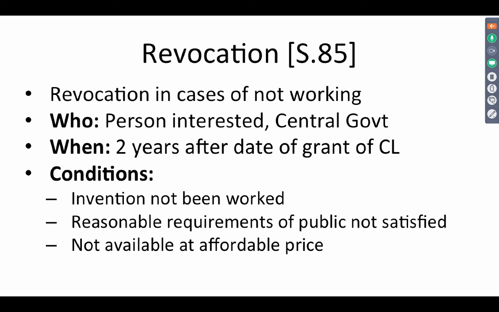Quite a long drawn process, and it can be frustrated at many points. We have not seen a single revocation under section 85 so far, because it is tied to a grant, and that grant is tied to a compulsory license under 84, and if that doesn't work in 2 years, only then section 85 kicks in. Very, very circuitous, and we have not seen this being worked at all.